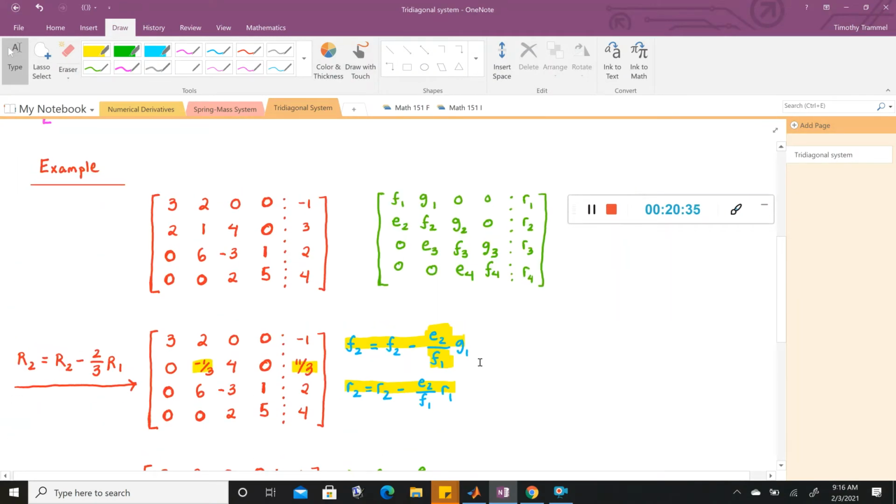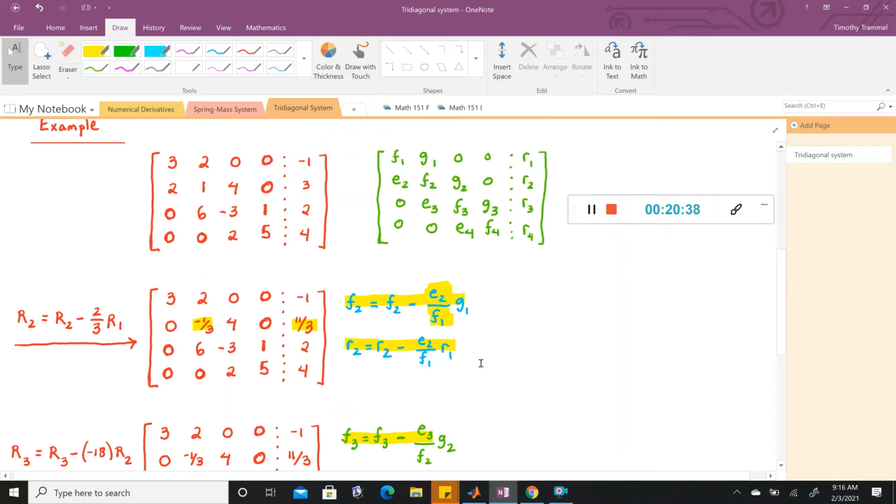So to get the factor, you want to take the element below the pivot and divide that by the pivot. And you can kind of see that that's what we've done here: we took the thing that was below the pivot, and then we divided it by the pivot, because this would be E2, and this would be F1.